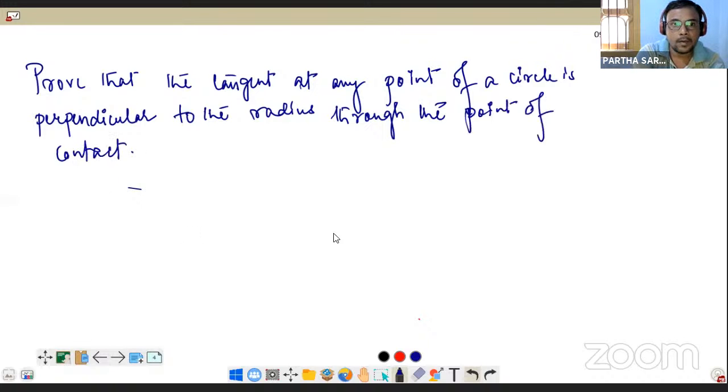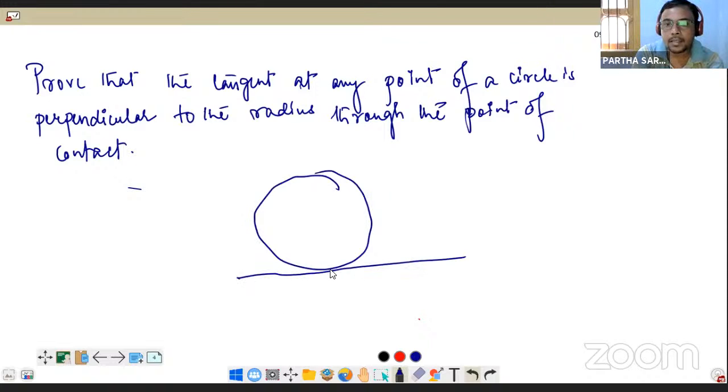Now see, what does this prove mean? In a circle, when a tangent is drawn, this is the tangent, and for example, this is the center of the circle. So always remember that radius is always perpendicular to the tangent.